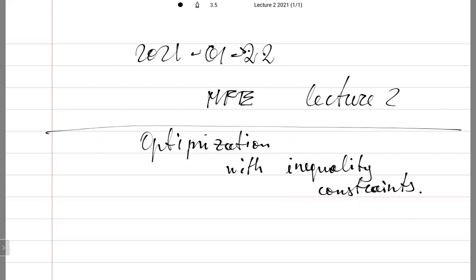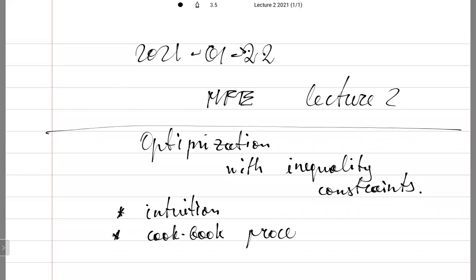So today we will approach it intuitively and we will discuss the step-by-step approach for how we solve simple optimization problems with inequality constraints. So we will focus on intuition and on a cookbook procedure.